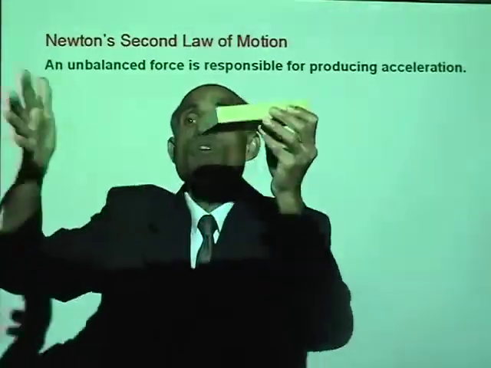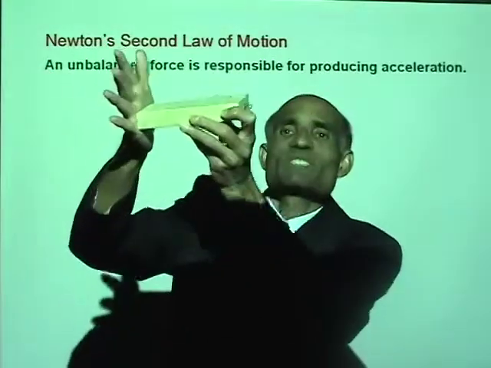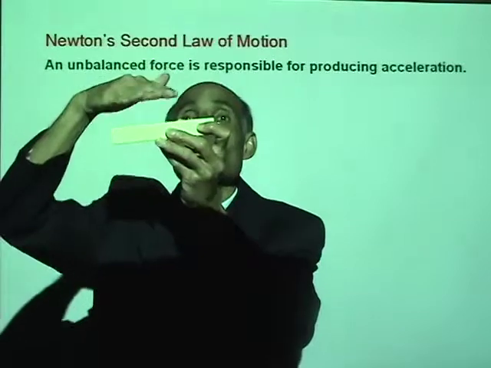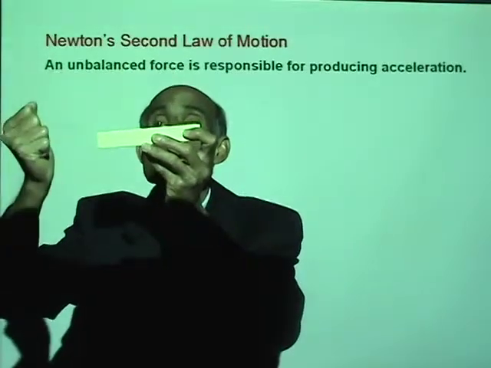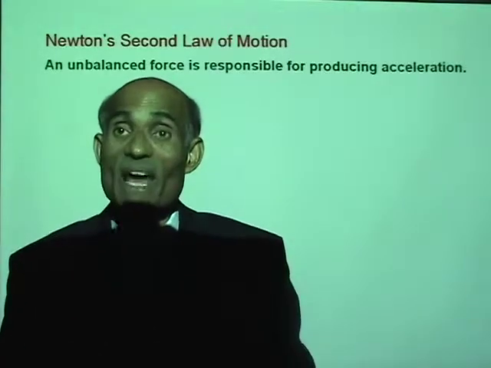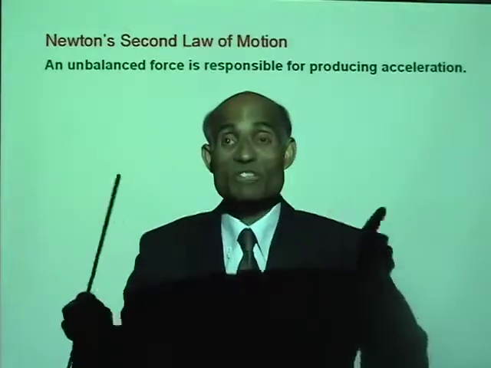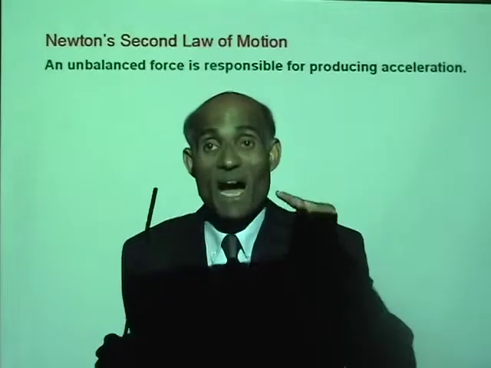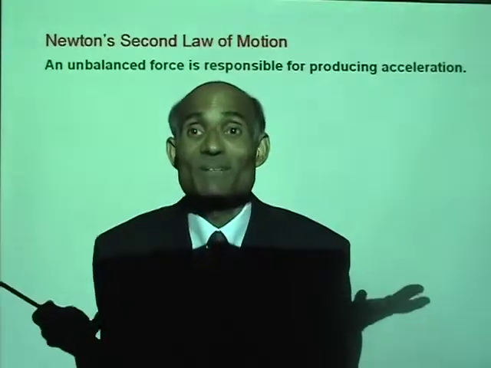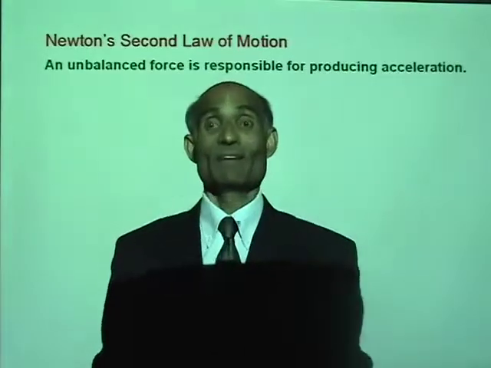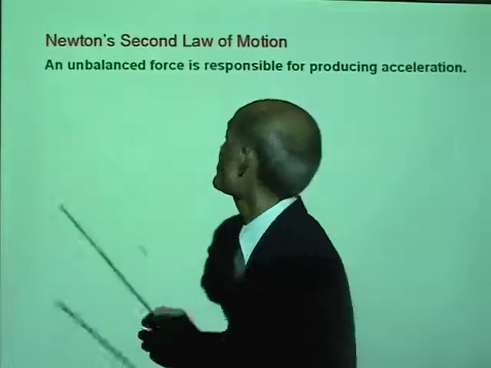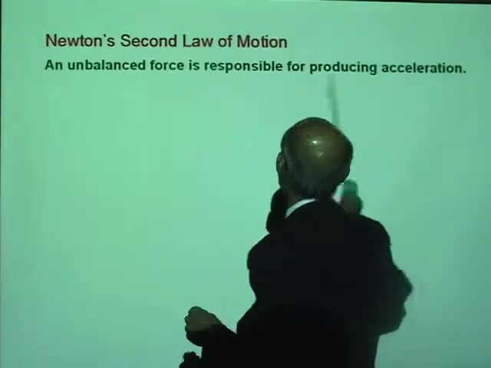The moment a moving object is brought to a stop, its velocity has been reduced from a certain value to zero. It is accelerating. So, if an unbalanced force is acting on an object, that unbalanced force will create an acceleration. So, whenever there is an unbalanced force, that unbalanced force will produce an acceleration.